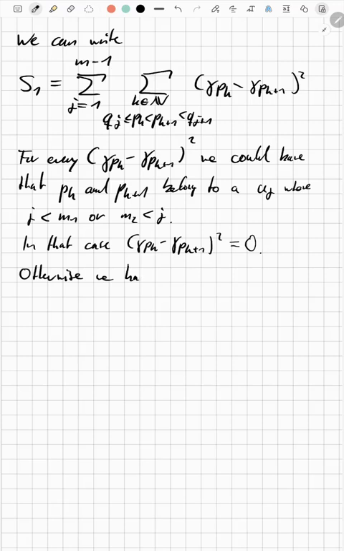Otherwise, we have that gamma pk minus gamma pk plus 1 squared. Well, what is this? First we will just put in what gamma means. This is the sum that defines gamma, n to the power of minus 1 times un.